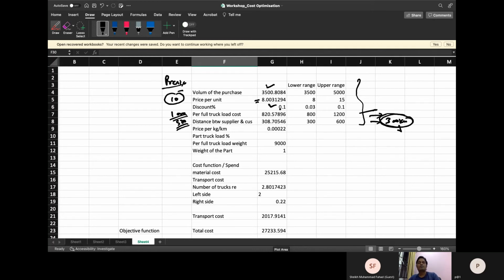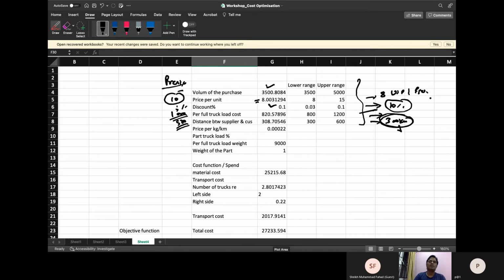Suppose right now 10% is a discount, not 5%. So earlier it was 5% discount. Now it's suggesting 10% discount. So we have to negotiate hard to get 10% discount. We have to negotiate hard to get 8 US dollars per piece. These are the strategies which you are getting from the optimization tool.